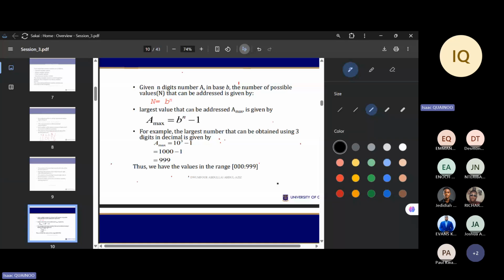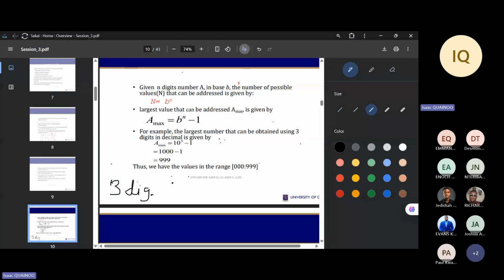Okay, so I'll leave this question here. Just try it yourself. Let's say we have 3 digits, and then the radix is 5.